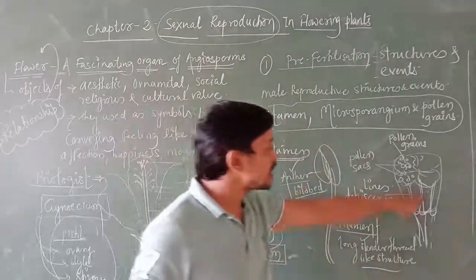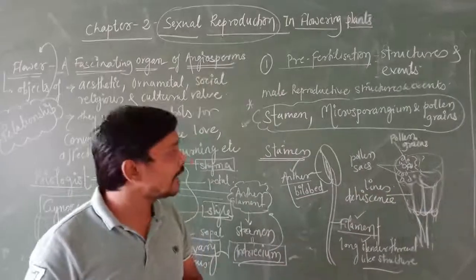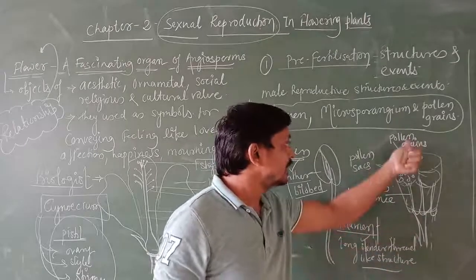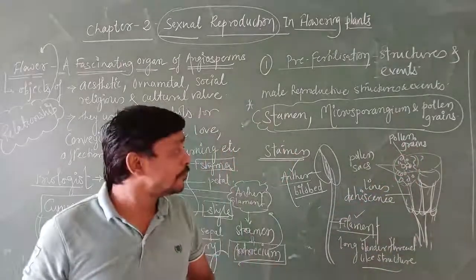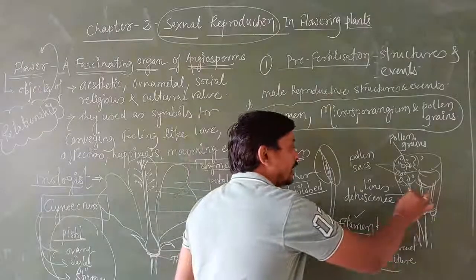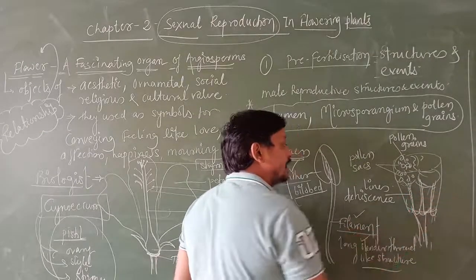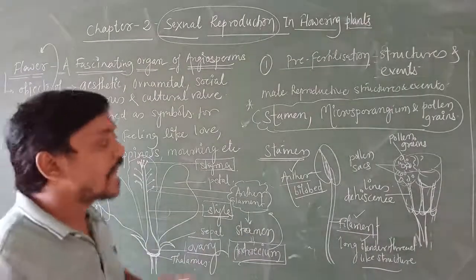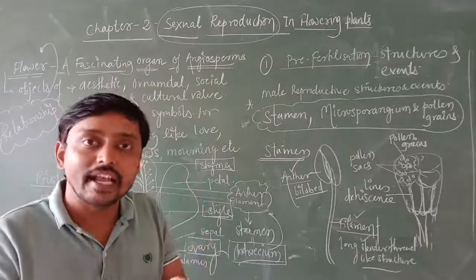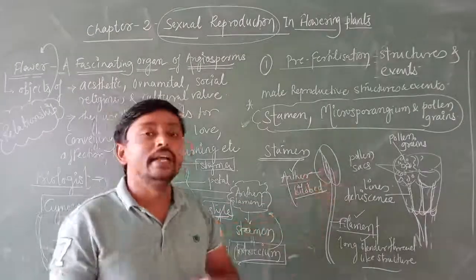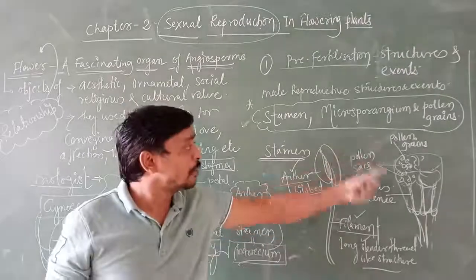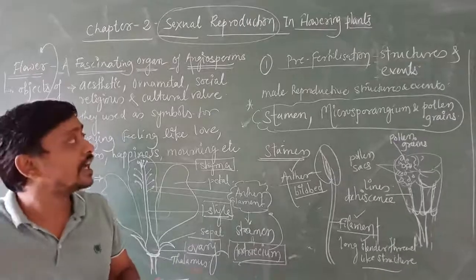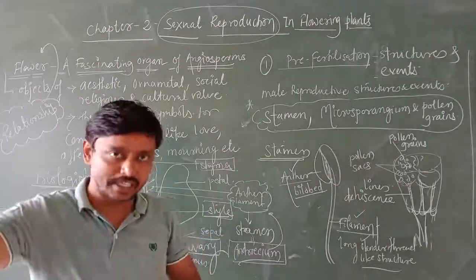When we take a section of a mature anther, we are going to get four pollen sacs, in which there are a number of pollen grains, and I have drawn here the lines of dehiscence. After maturation, when the anther dries, it is going to rupture and the pollen grains are going to be released for the next step, pollination and all. That we are going to study later.